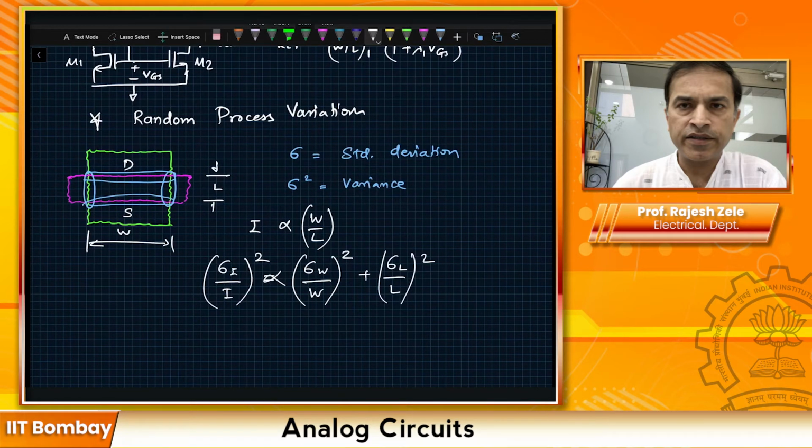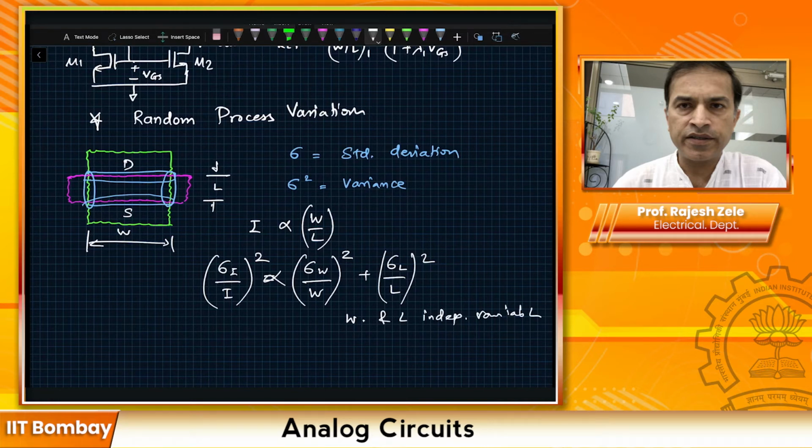Each one of them is an independent variable, and W and L are independent. That's what we're assuming. So we have RMS addition between these two statistical quantities.